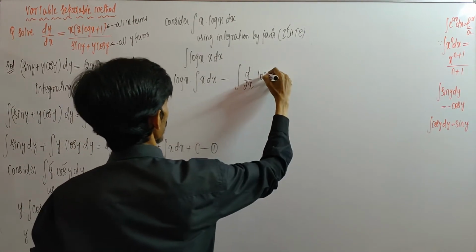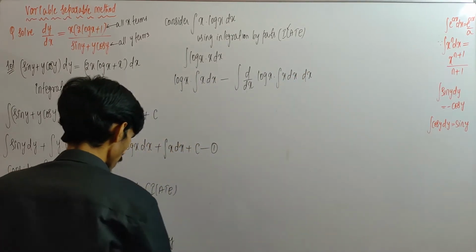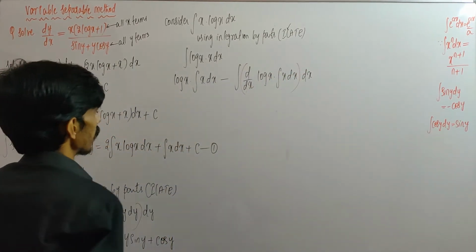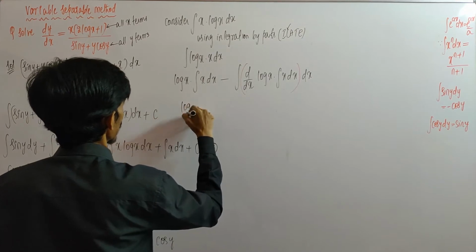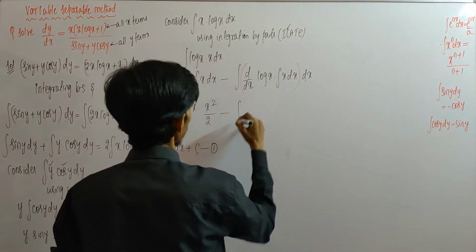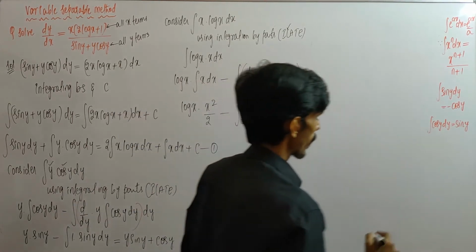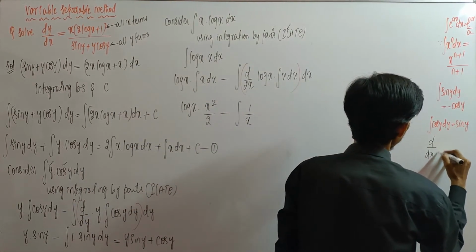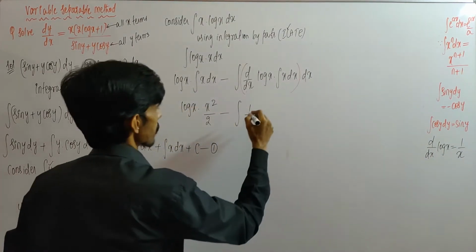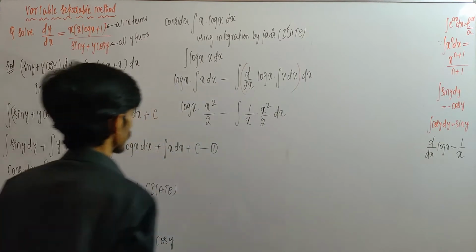Now copy the whole dx. Integration of x is x square by 2, minus integration of d by dx of log x, whose value is 1 by x, into integration of x, which is x square by 2, whole dx.